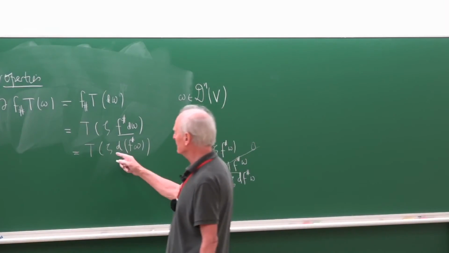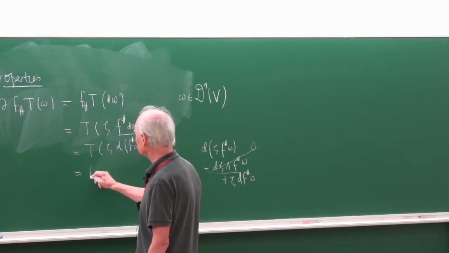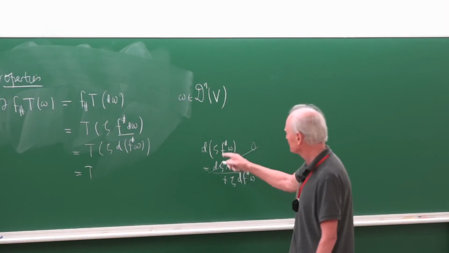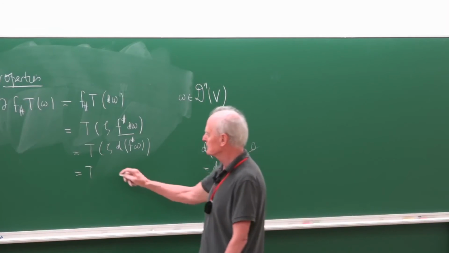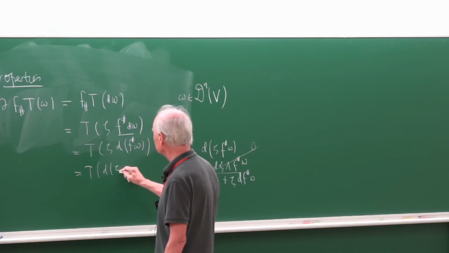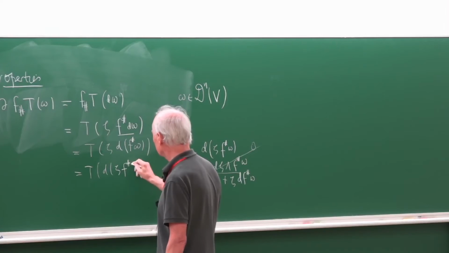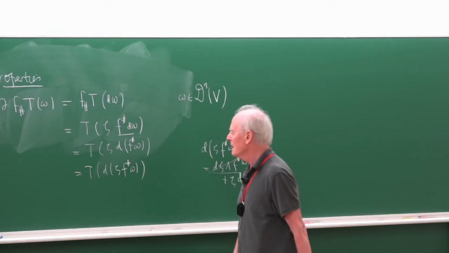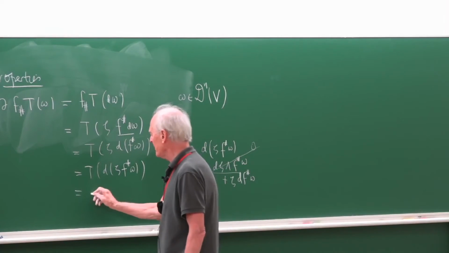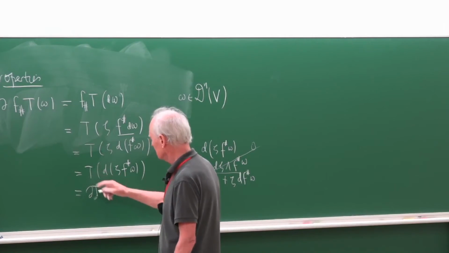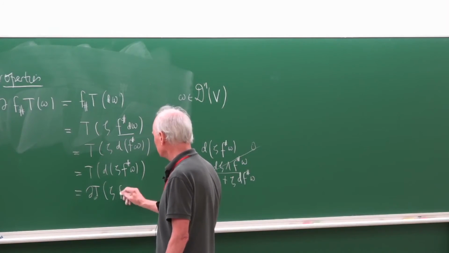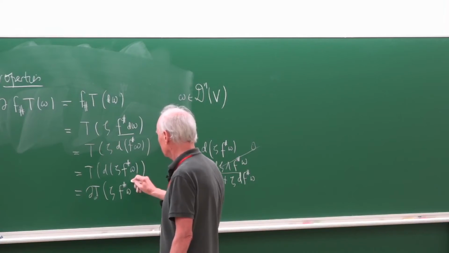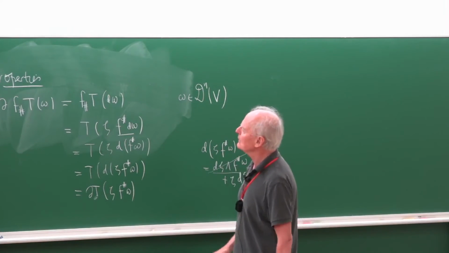So we can simply write this as T of, just use this term instead, d of zeta f sharp omega. And by definition, that's the same as the boundary of T, zeta times f sharp omega. Yeah, I forgot this was so long. Bit of a struggle.